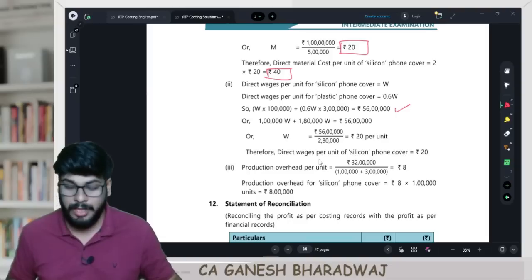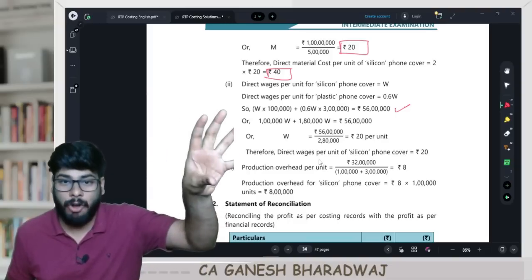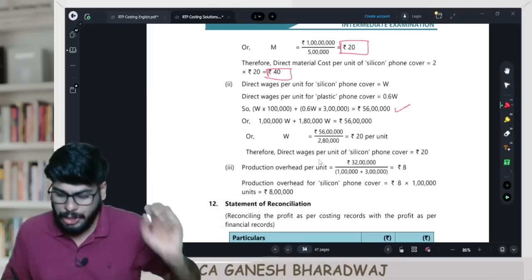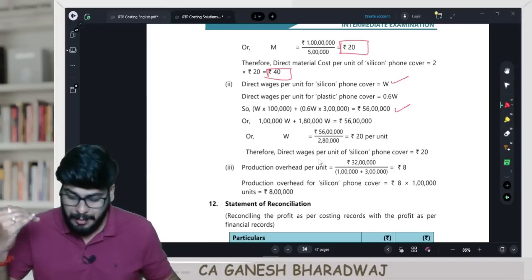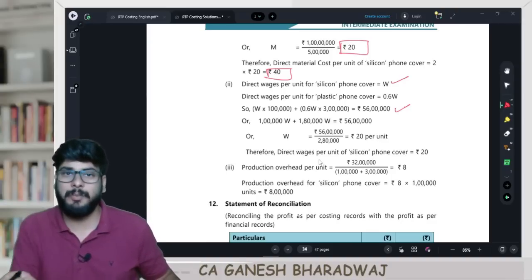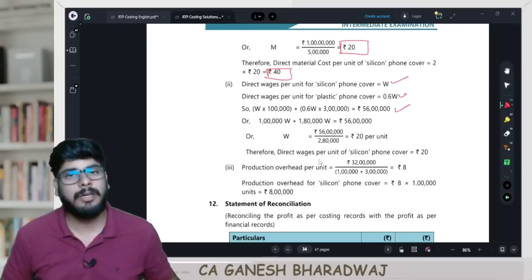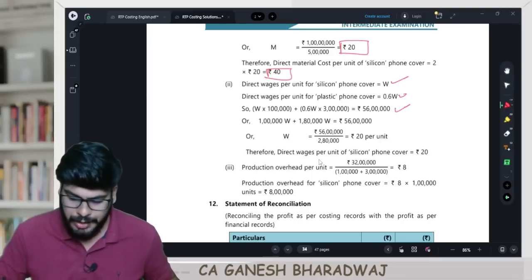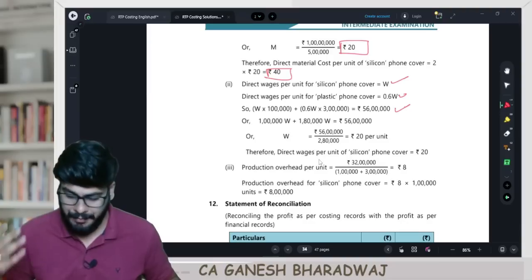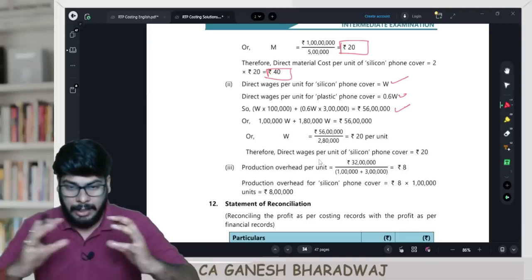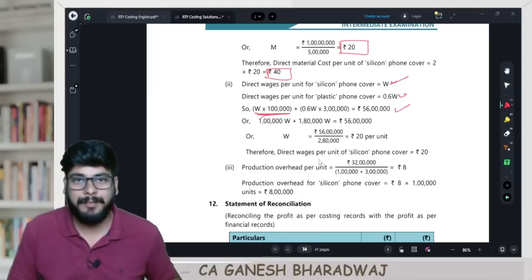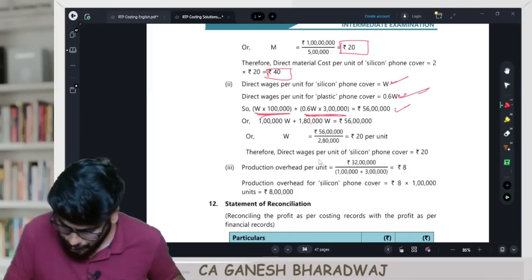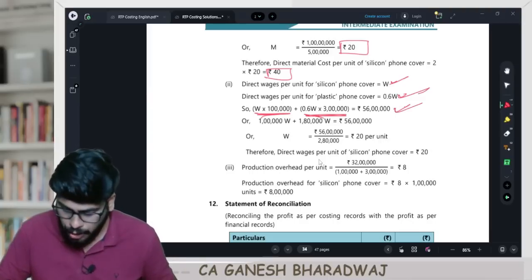So we will keep the direct wage cost per unit of silicone phone cover as W, which means the direct wage cost per unit of plastic phone cover is 0.6 of W. How many units of silicone phone covers are we manufacturing? 1 lakh. So the total wage equation will be W into 1 lakh plus 0.6 W into 3 lakh is equal to 56 lakh.